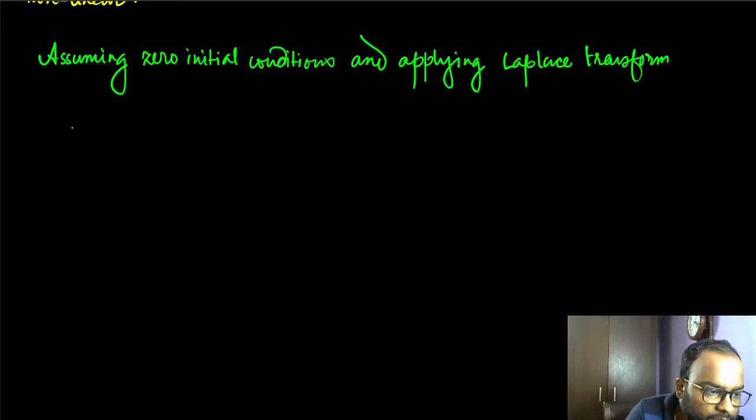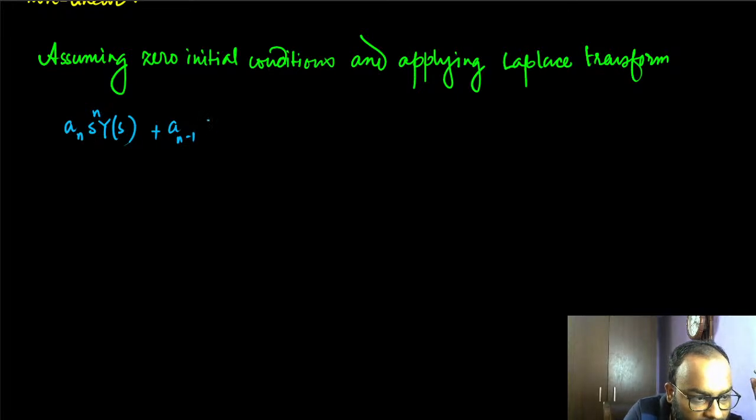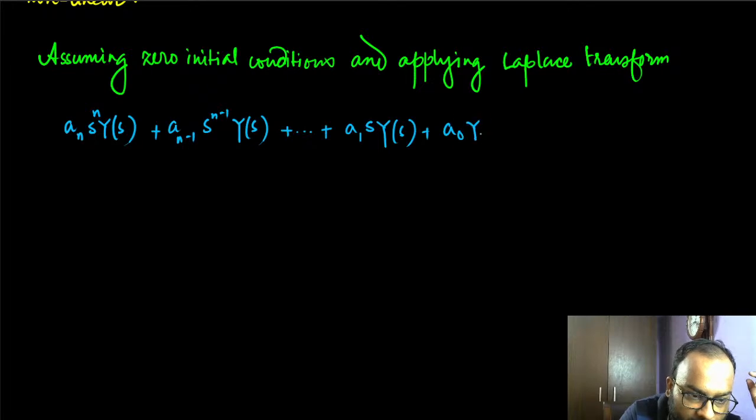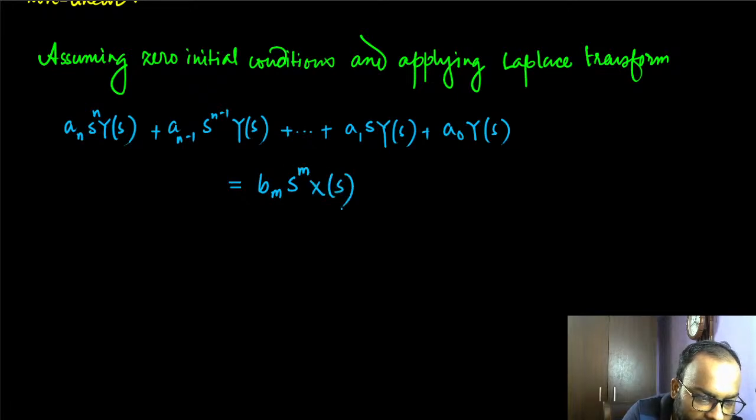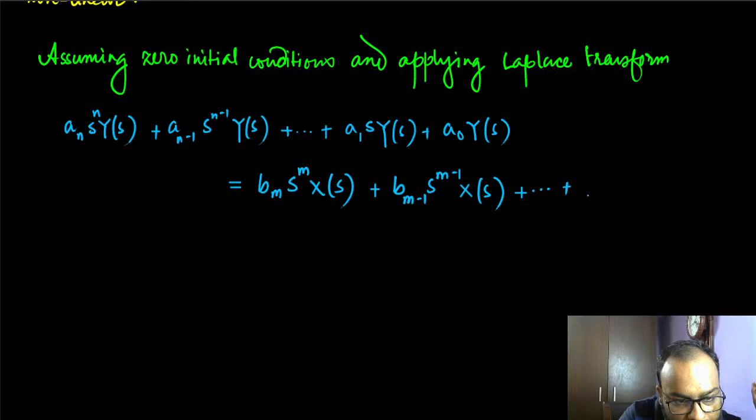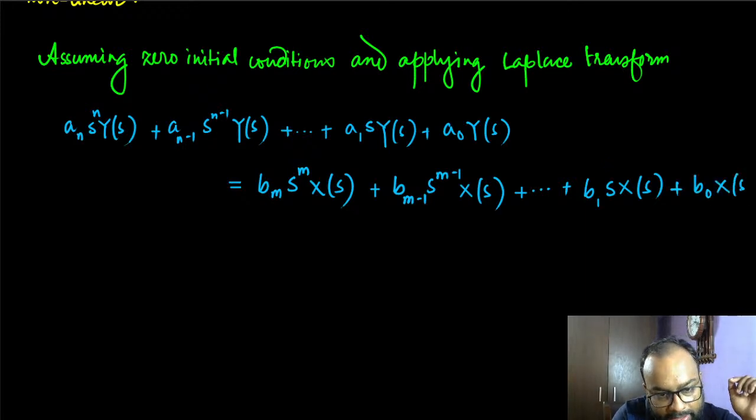So applying it, this becomes an s^n Y(s) plus a(n-1) s^(n-1) Y(s) plus ... plus a1 s Y(s) plus a0 Y(s), and this is equal to bm s^m X(s) plus b(m-1) s^(m-1) X(s), and so on up to b1 s X(s) plus b0 X(s).